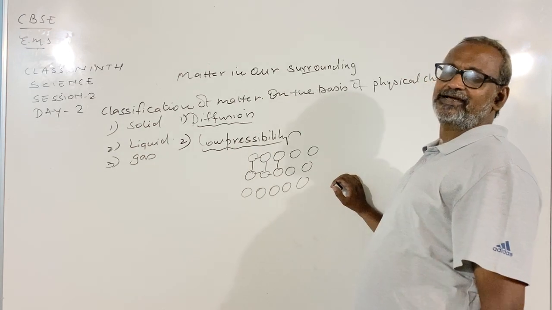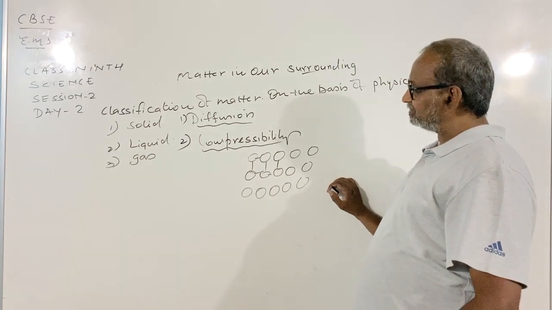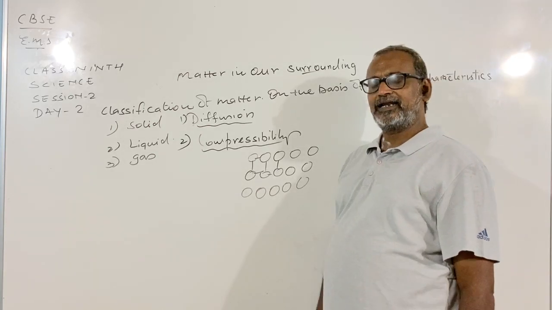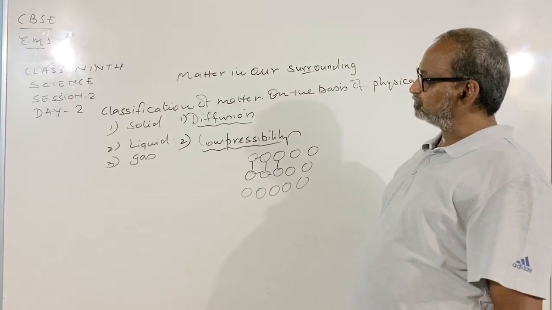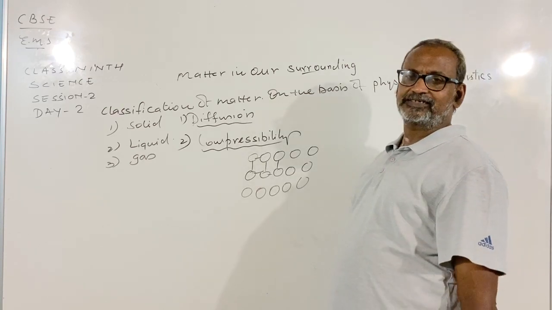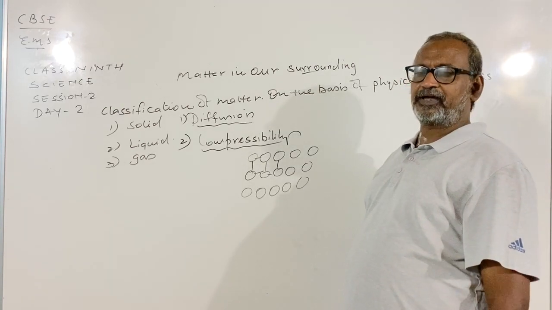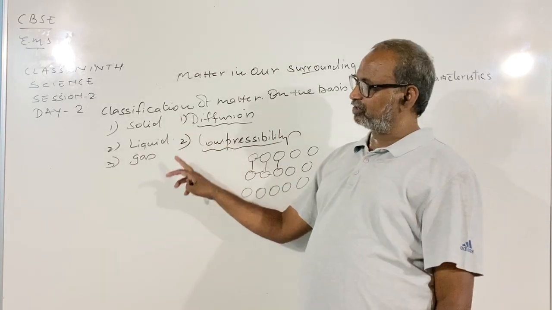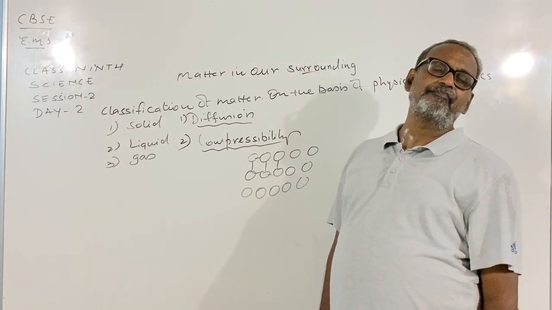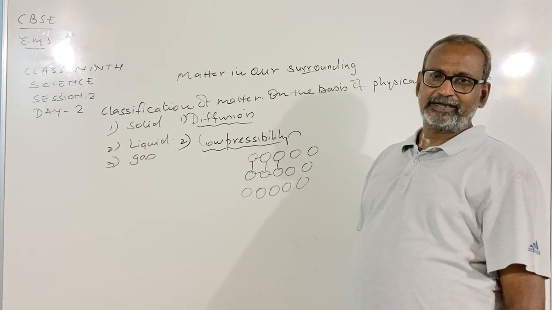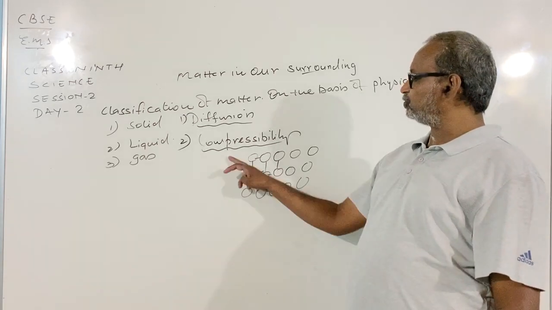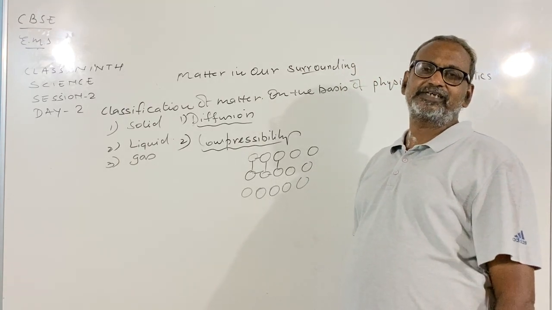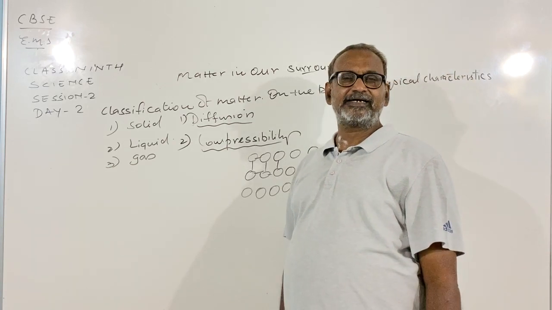So gases are easily compressed because in the gaseous state the particles have large interparticle gaps. But in the solid and liquid states, as the particles are very close and cannot be brought further closer, the liquid and the solid cannot be compressed. You are all familiar that this property of gases, that they are compressible, is used in LPG cylinders.